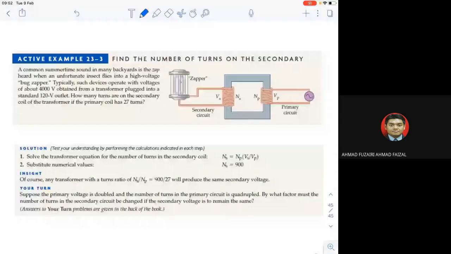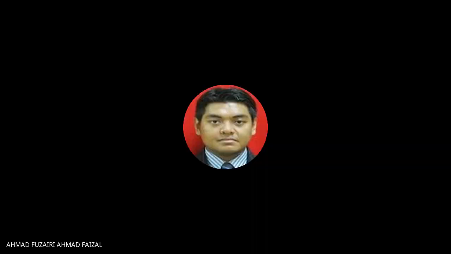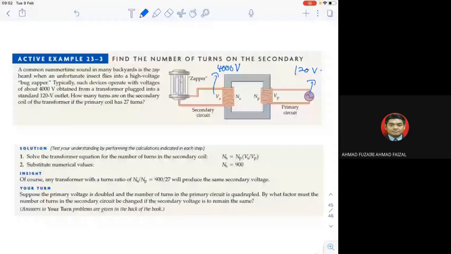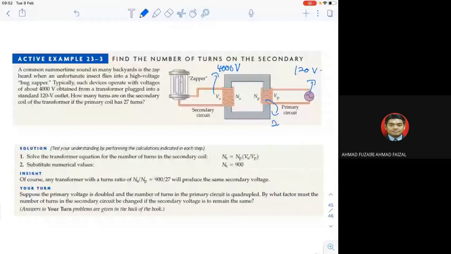So these are the 120 volts, and it will give you a secondary voltage of about 4,000 volts. How many turns are on the secondary coil of the transformer if the primary is 27? So NP is 27, and you want to know NS. Simple, eh? NS is 900 turns.